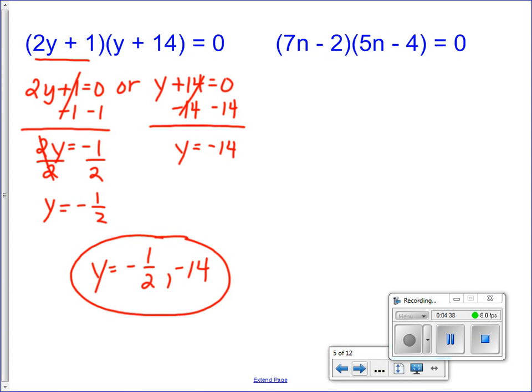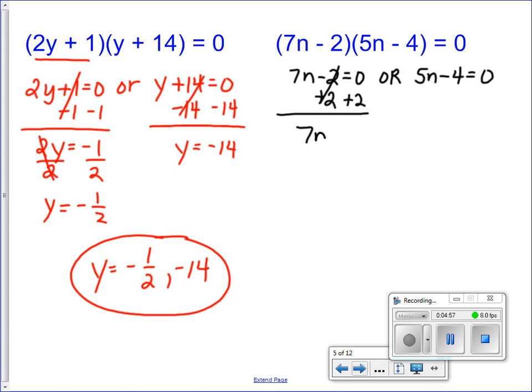All right, second equation here, either 7n minus 2 will equal 0 or 5n minus 4 will equal 0. In my first equation, if I add 2 to both sides, I end up with 7n equals 2. Divide by 7, and I get n equals 2/7.